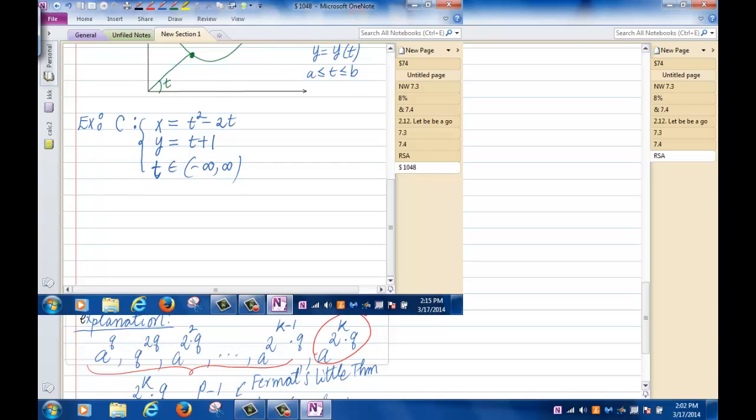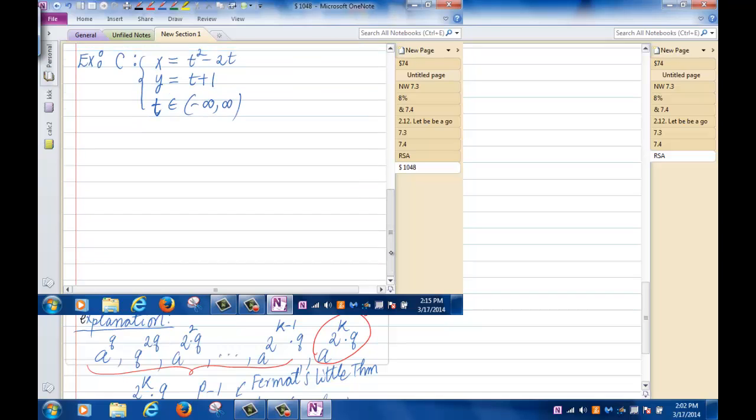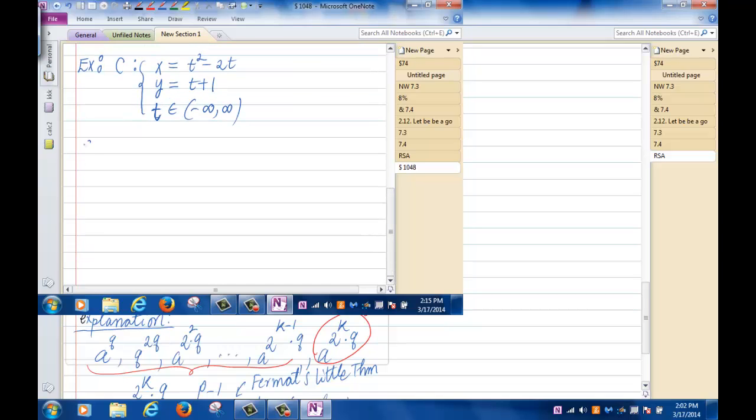So the question is then, sketch the curve. Well, if you are a machine, what you could do is pick thousands of values of t, and for each value of t, compute the corresponding point x and y.